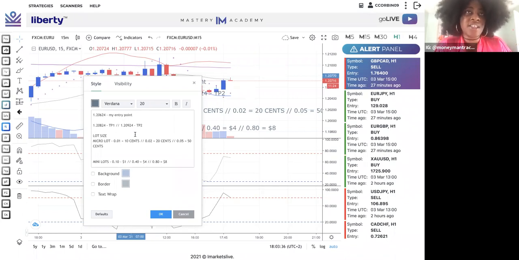Now let's just say we're doing a 0.03 lot size, which is 30 cents for 20 pips. How much money can we make in that trade, family?